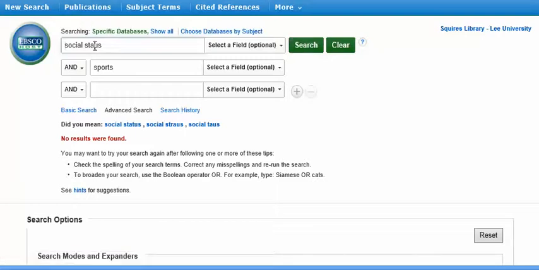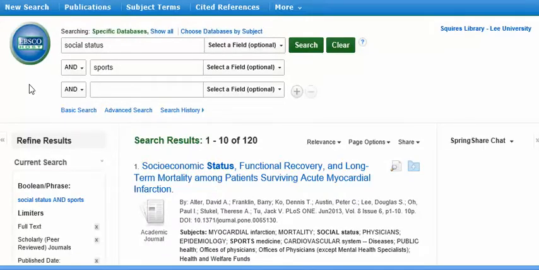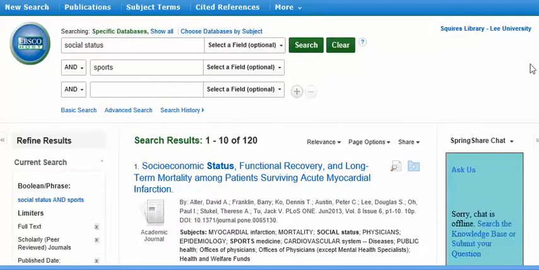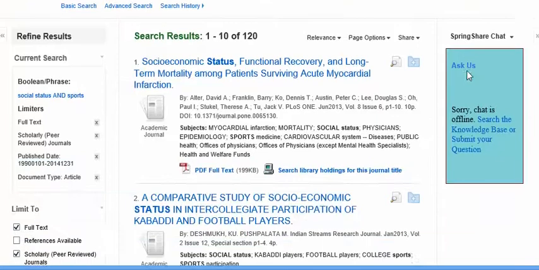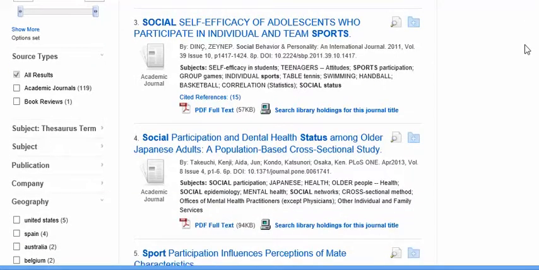Oh, and I misspelled status here, so that's probably why it's not going. All right, so we'll keep going. And, okay, I get 120, so that's kind of interesting, social status, sports. But you know what? That's too many to be going through. Let's see if I can pick the country.